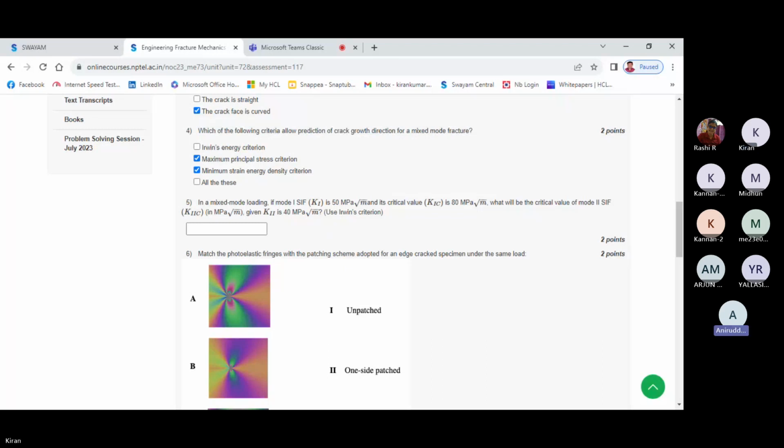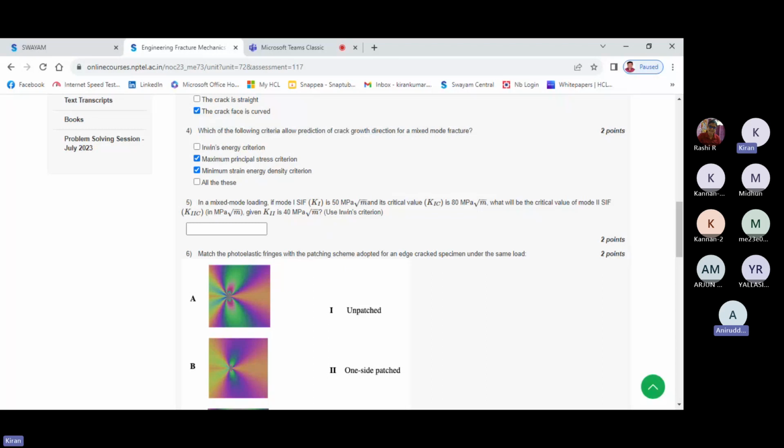So for the ellipse, it is (K1/K1C)^2 plus (K2/K2C)^2 equal to 1. That is the equation for the ellipse. So we start with the ellipse equation. If finally we get K2C equal to K1C, then it will be the equation for the circle.